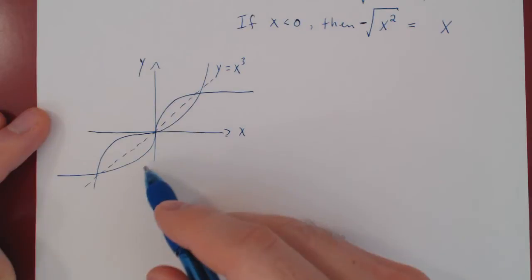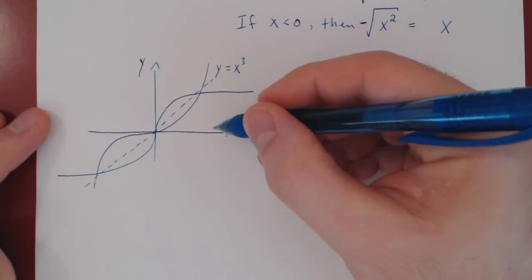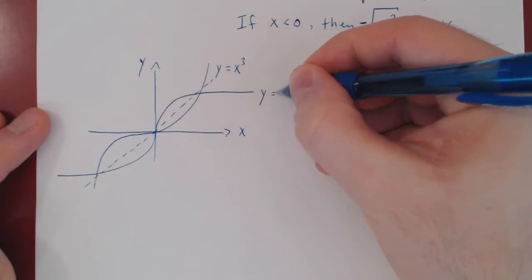It is defined everywhere for any x value, and for any x value there is a unique y value, and this is the cube root function.